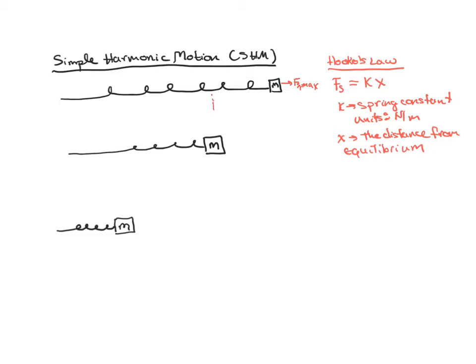So this distance here is x equals A, where A is the amplitude. And this is going to be our max distance from equilibrium.